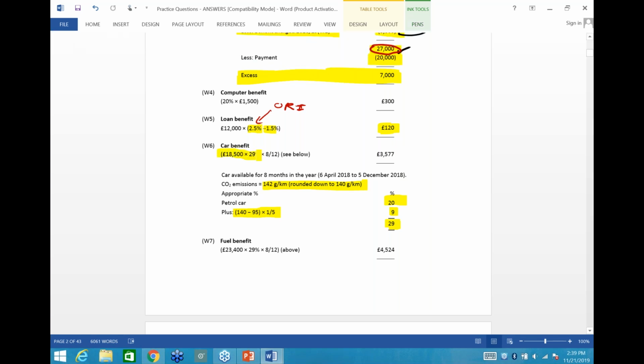But don't forget, this benefit was given to Rita only up until 5th of December 2018. The car was given on the 6th of April 2018, and the benefit was given only up until 5th of December 2018.